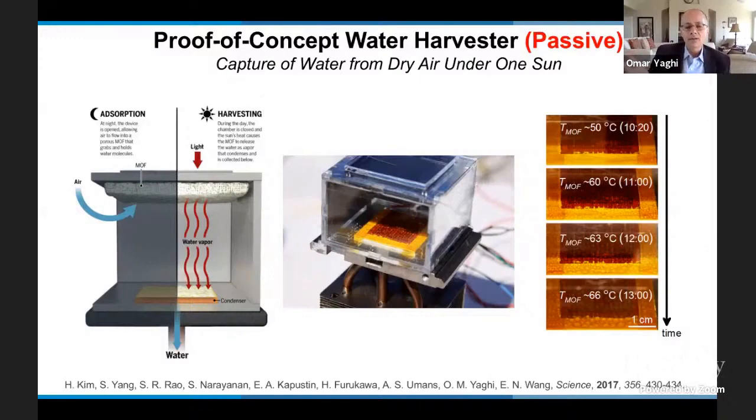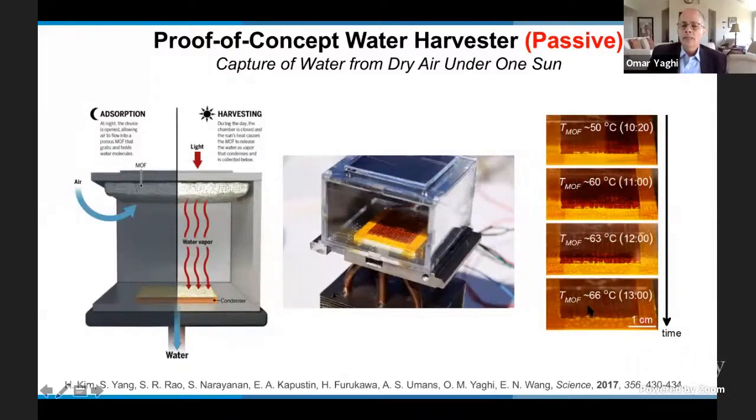Water from the air goes into the moth, and during the day, you close the container. And when the container is closed, you can expose it to the sunlight. And as the interior heats up, 50 degrees Celsius, and increases to 60 degrees Celsius, and so on, you see small droplets of water that are beginning to grow.